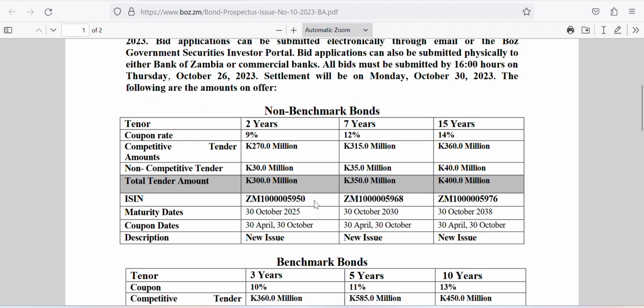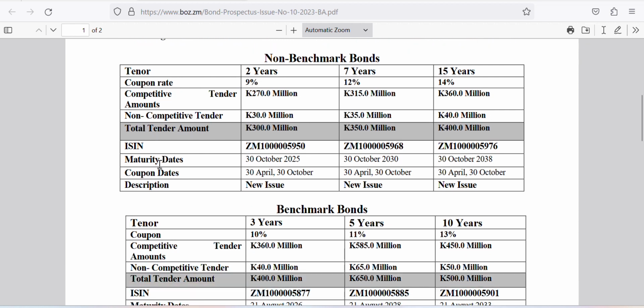Now the bond prospectus goes on to itemize the other details of this bond. So there's the tenor or term of the bond. What the tenor is, basically, is the length of time until the maturity of the bond.